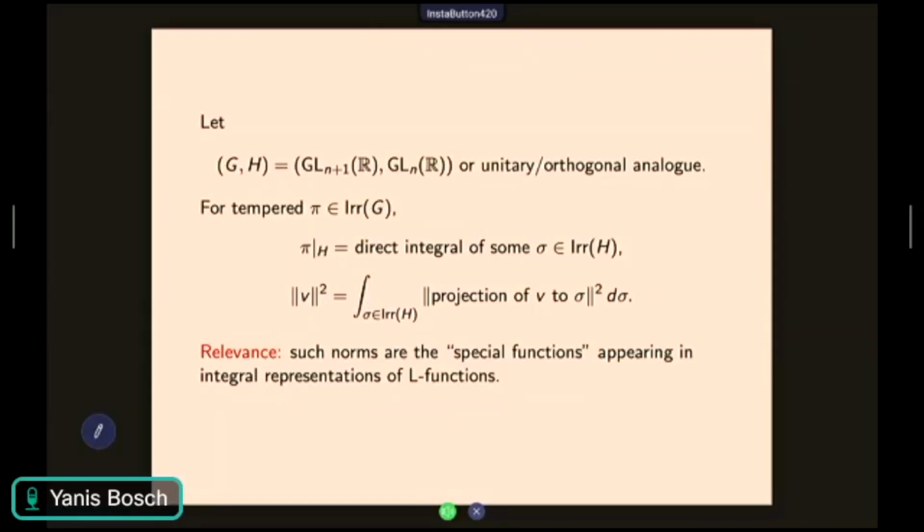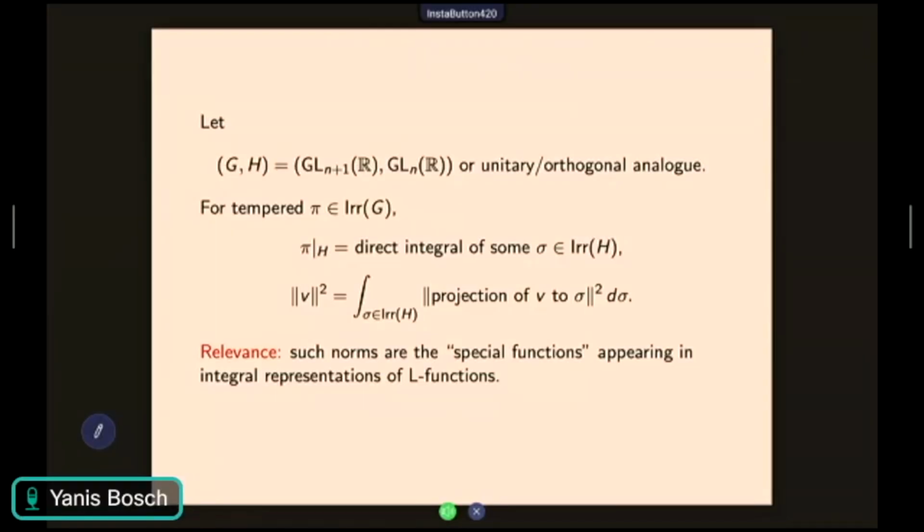So for instance, everything I'm saying here would work also for compact unitary groups. And the assertion there is that when you restrict a representation of the big group, it decomposes as a direct sum in that case, and more generally a direct integral of representations of the smaller group, which each occur with multiplicity at most 1. So there's a canonical way you can think of each of them appearing in this picture.